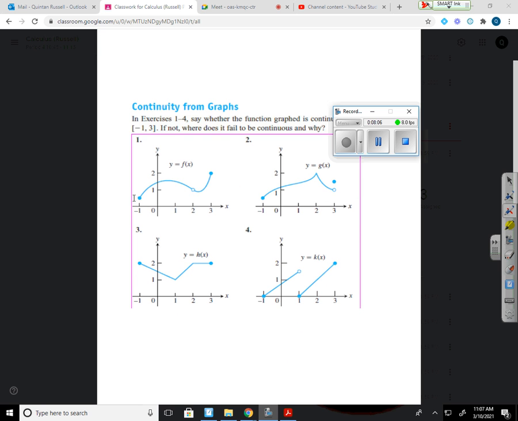So this first one would be not continuous, or discontinuous, and the reason would be it has a removable discontinuity at x equals 2. This one would be discontinuous as well, a removable discontinuity at x equals 3.